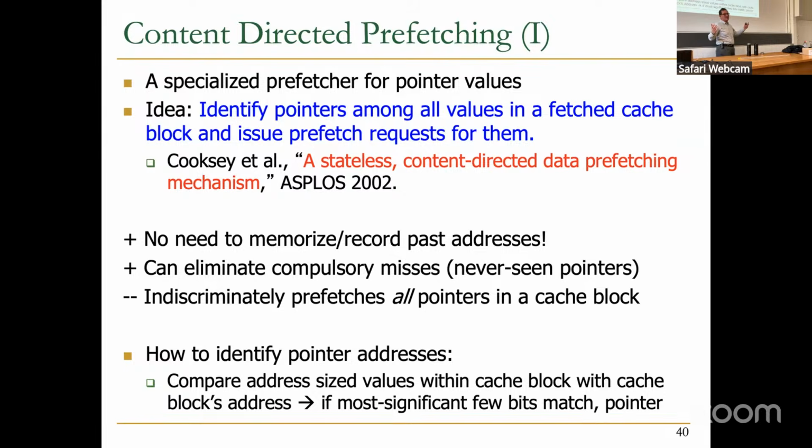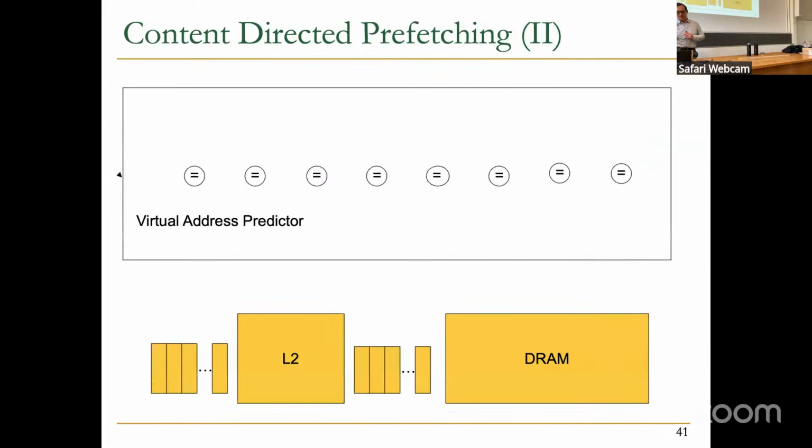It's a speculative mechanism. It may not be correct. You're basically banking on the fact that the top level bits of an address that you're accessing match the top level bits of an address sized value. If that's the case, that address sized value is really a pointer. Hopefully that makes sense. I'm going to show you an example of this.